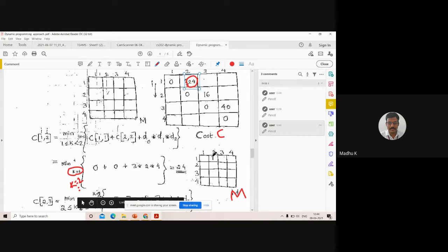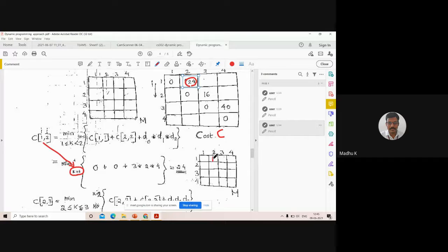So we updated this to 24 and here we put 1. Why put 1? Because this solution is taken with k equal to 1. This 1, 2 entry is filled with 1.